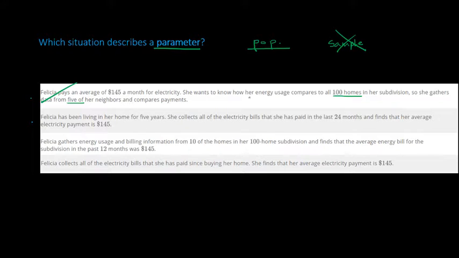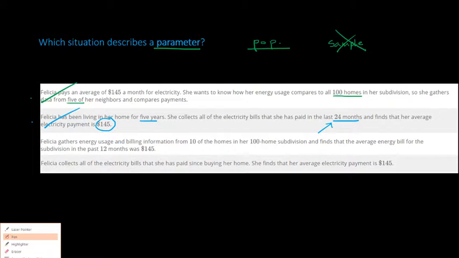In the last example, she was comparing herself with other homes. In this one, she just wants to figure out her own average. She collected bills from the last 24 months, but she's lived in her home for 5 years. So this average came from data of the last 24 months, not all 5 years. This is also a statistic.